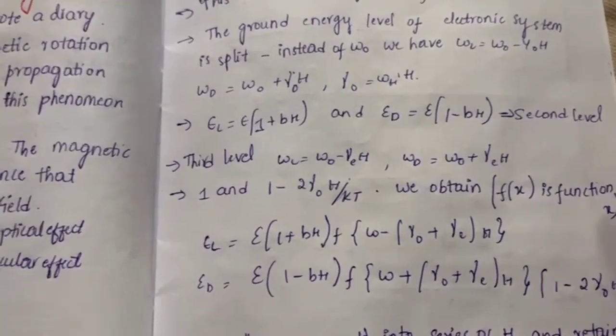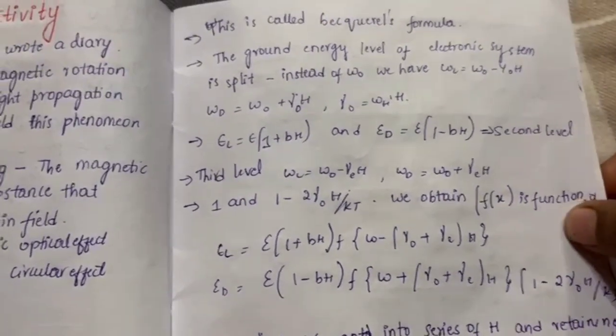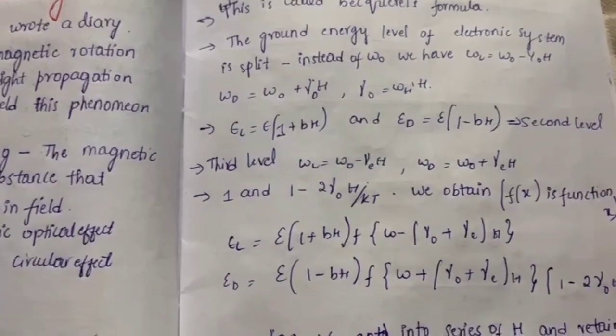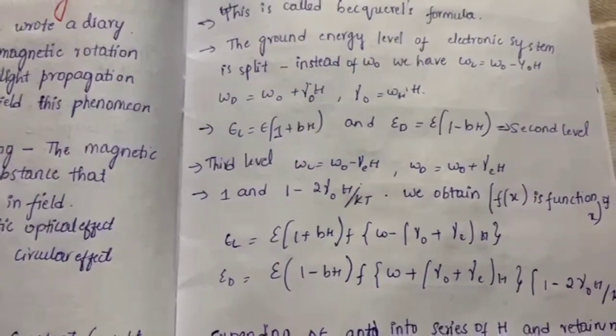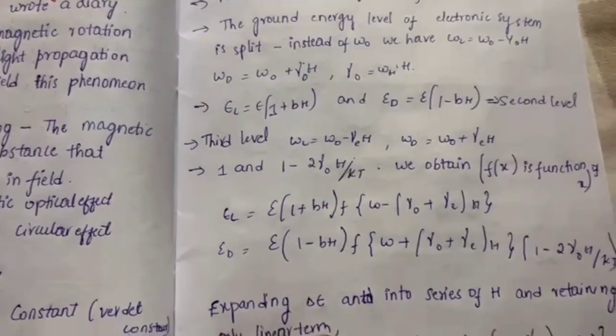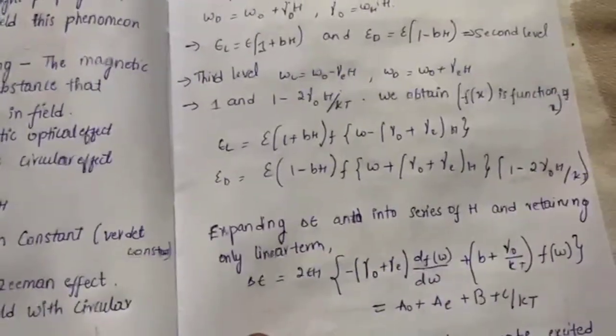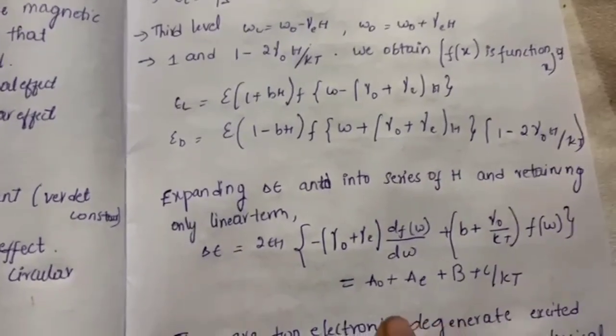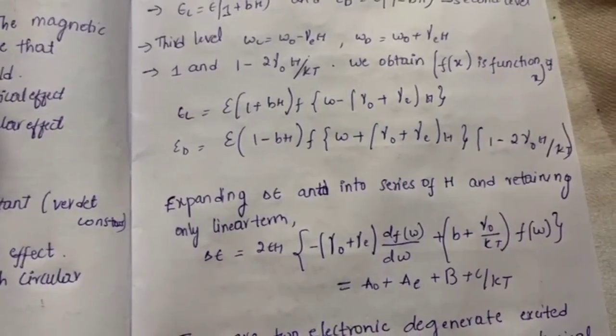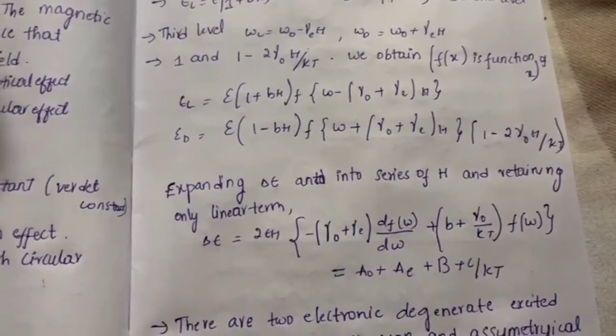In the third level we get L is equal to W naught constant E H, and then we find this equation, and by expanding delta E we get A naught plus AE plus B plus C by KT.